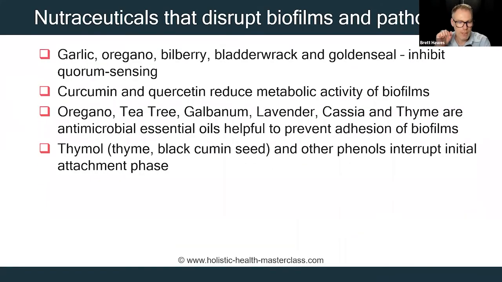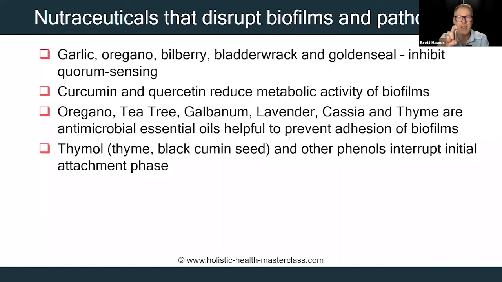So here we can see that garlic, oregano, bilberry, bladderwrack, and goldenseal all inhibit quorum sensing, which is huge. We've got curcumin and quercetin, for example. They reduce the metabolic activity of biofilms. Oregano, tea tree, cassia, thyme, and so on. These are all antimicrobial essential oils.